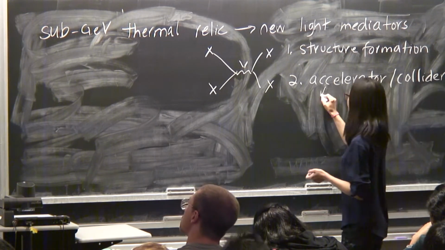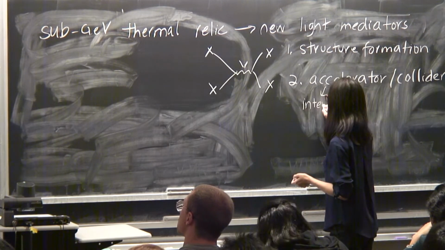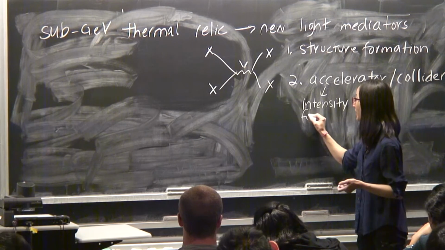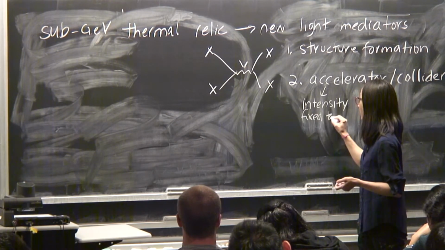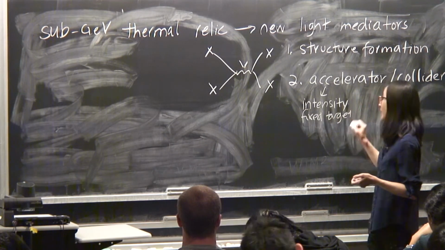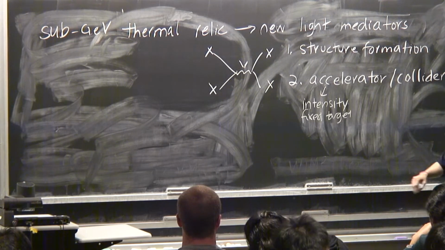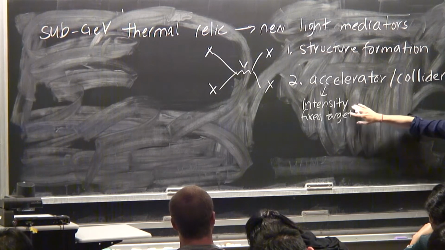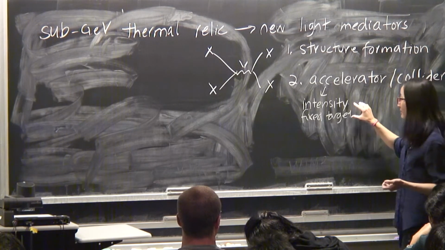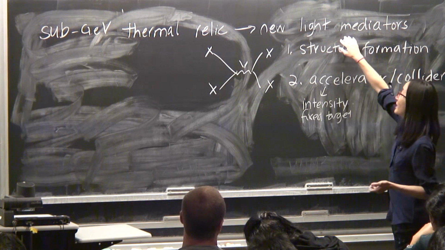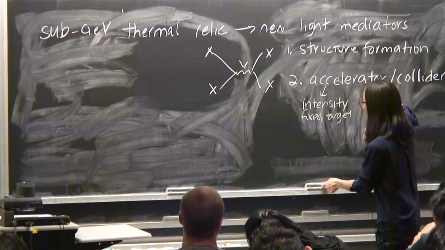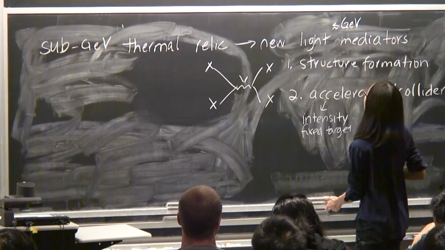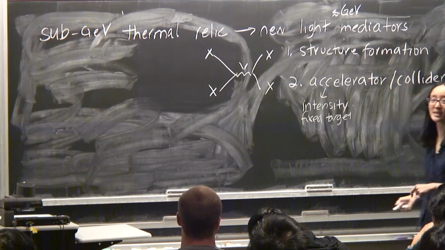So we have things like high intensity accelerator experiments, fixed target, where you can focus on having a low energy but a very high luminosity, so that you're more sensitive to these new light mediators. And by light, I mean around a GeV or less. But the boundary, as usual, is a little bit fuzzy.